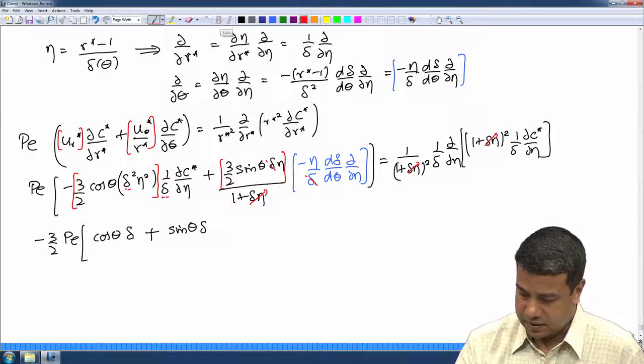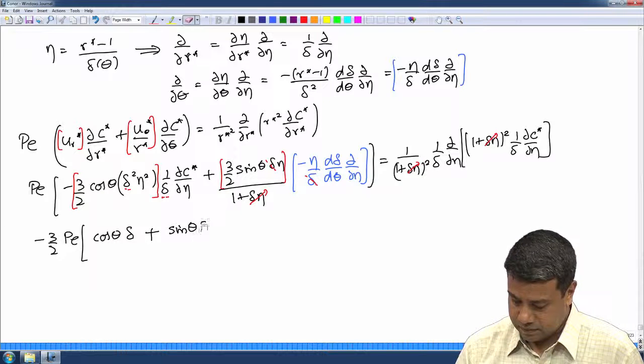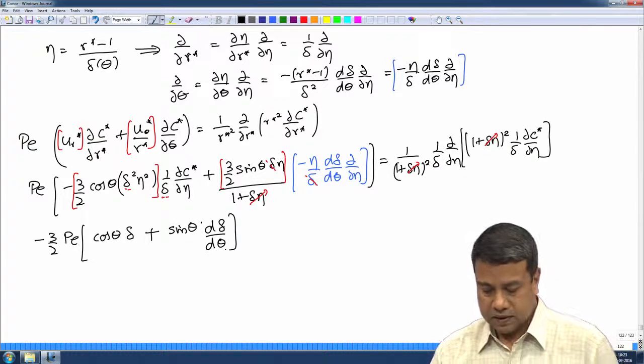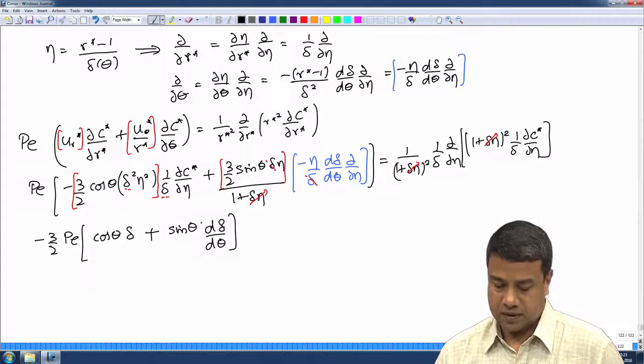So, I will just get sin theta into d delta by d theta. Okay. So, that is the dependence on the theta coordinate.